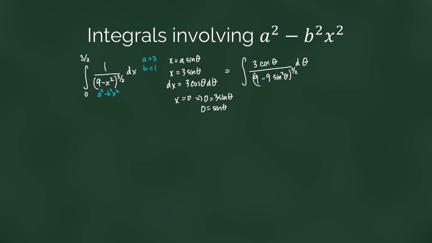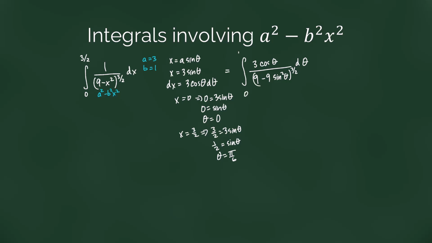So theta must be equal to 0. When x is 3 halves, we get 3 halves is equal to 3 sine theta. Dividing both sides by 3, we'll get 1 half equals the sine of theta. And so then we know that theta must be equal to pi over 6.